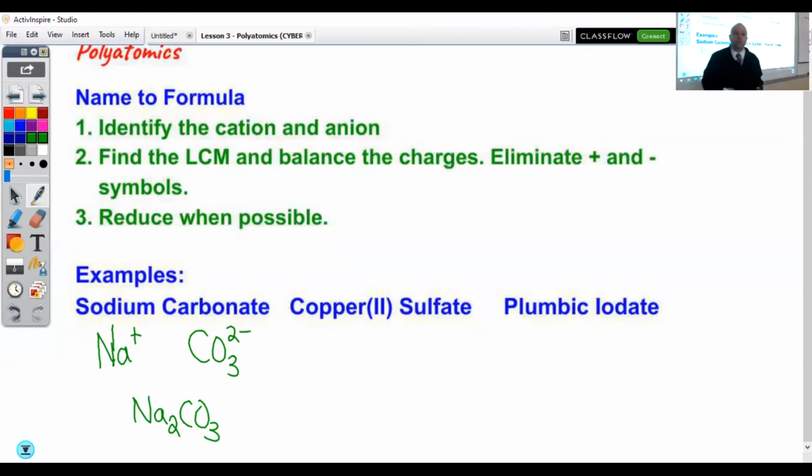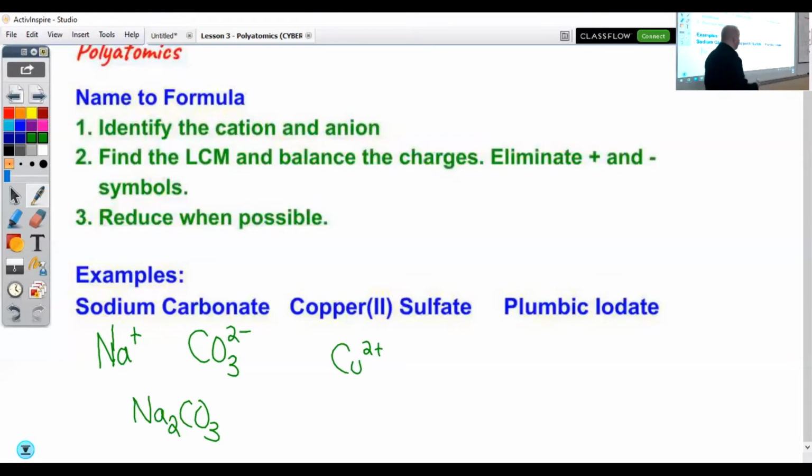Our second and third examples involve divalents. However, they're done the exact same way. So we're first going to identify the charge on the cation. In this case, copper 2 means we have copper with a 2+ charge. Then we'll check our polyatomic ion sheet for the sulfate ion.